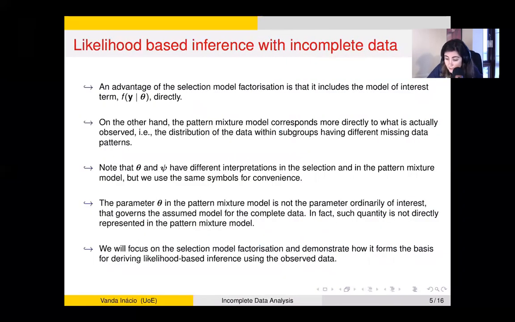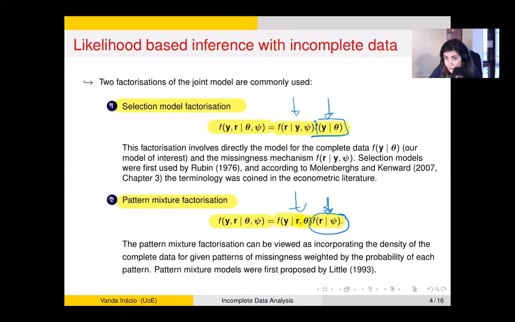Just a remark: the parameters theta and psi in these two models have different interpretations. Their meaning is not exactly the same, but by an abuse of notation, I have used the same, and in the literature, most authors use the same parameter, although the meaning is not exactly the same in the two factorizations.